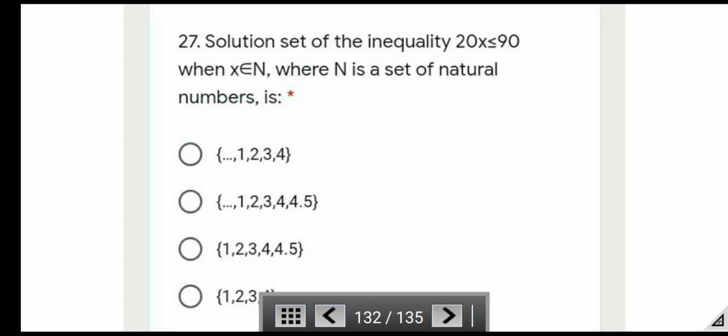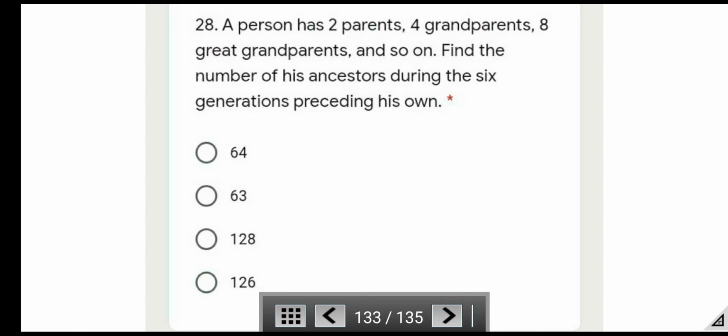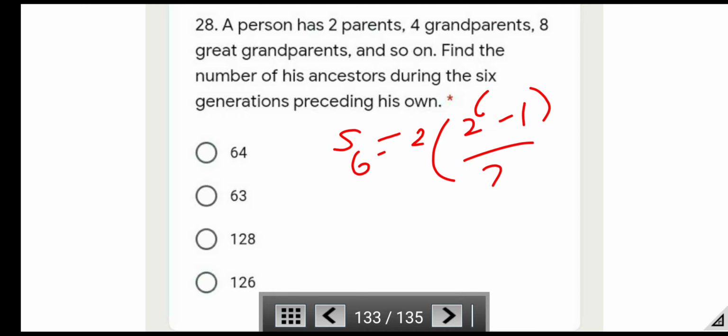For S6, A means 2, times 2 raised to the power 6 minus 1 divided by 2 minus 1. Now solve this, we get 126, that is 126 is the right option.